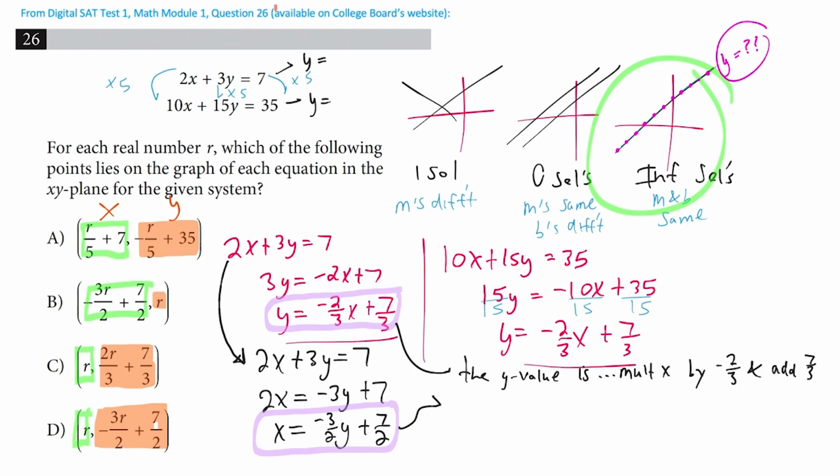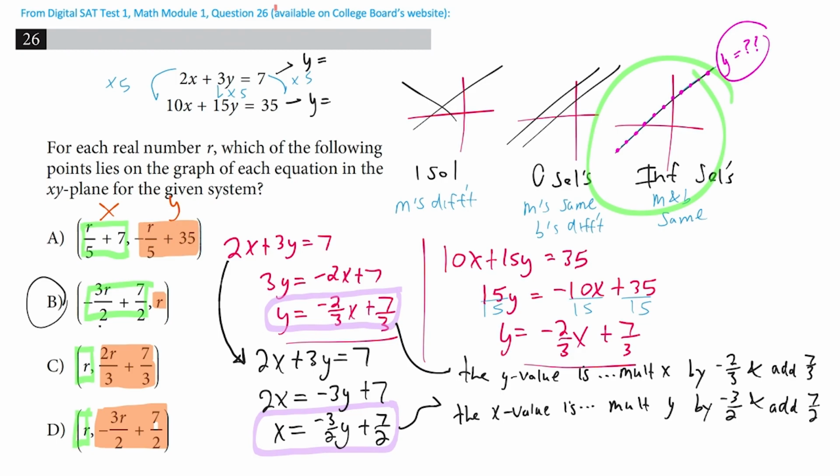And the x value is what you get when you multiply the y value by negative 3/2 and then add 7 over 2 to that. It's wild and crazy, but this is what's going on in this question. Which answer matches either of those?